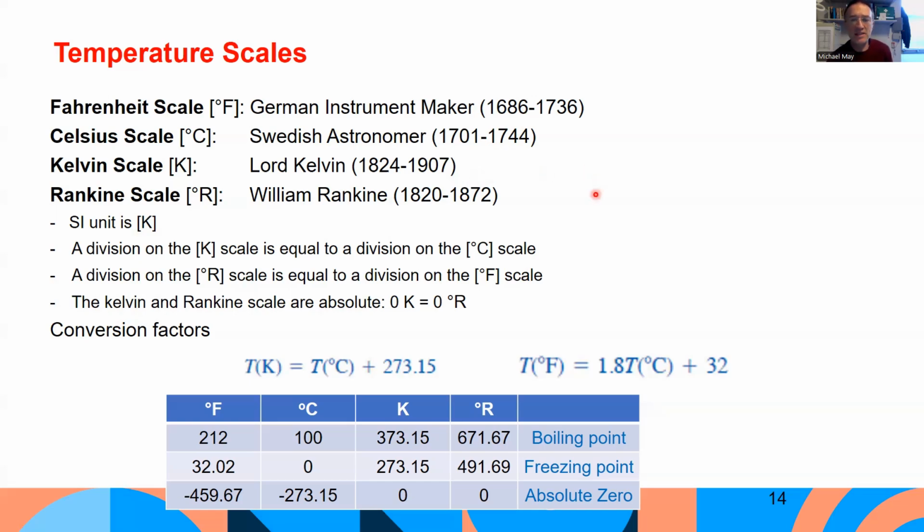And then the Rankine scale was devised by William Rankine, and he had also set zero at absolute zero, with one degree change equivalent to one degree change in Fahrenheit. So the Celsius scale is used in general use in this part of the world. The Fahrenheit scale would often be referenced in America.